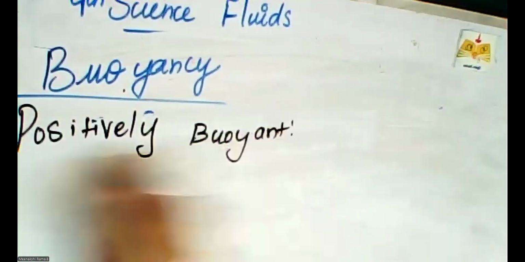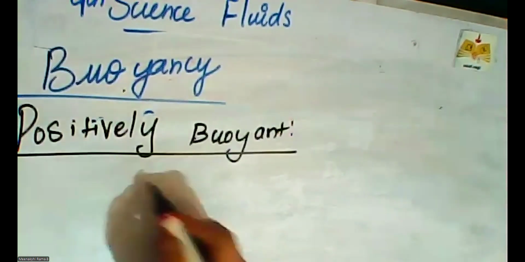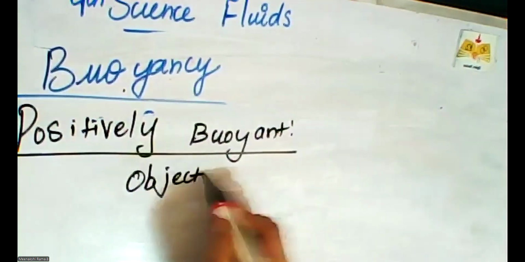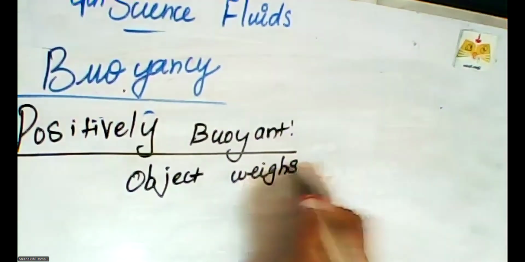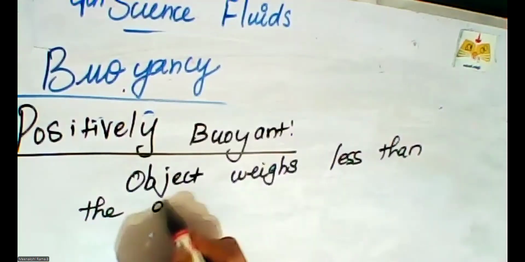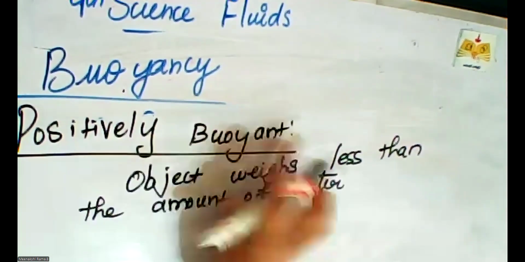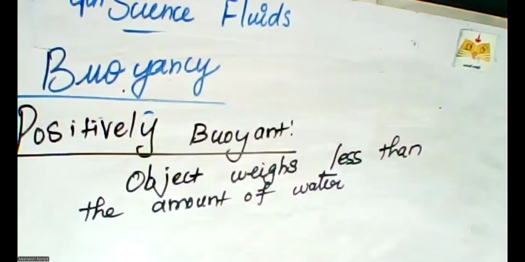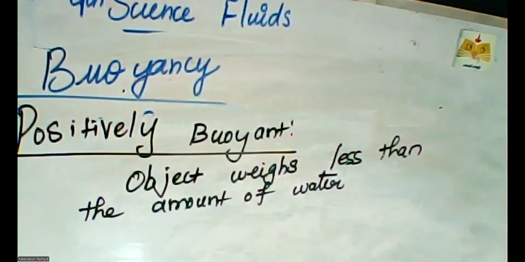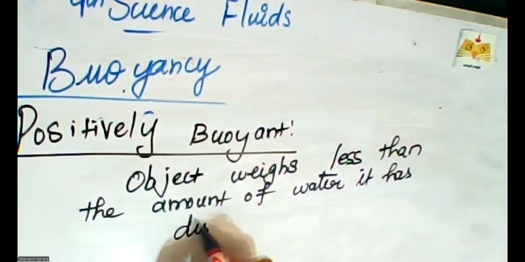What is positive buoyancy? Positive buoyancy is when we press the object into the water and the object weighs less than the amount of water it has displaced.